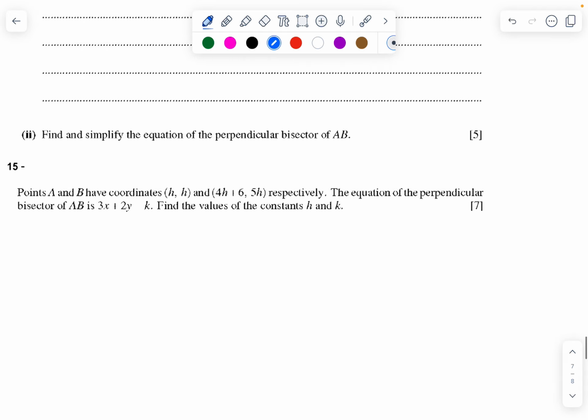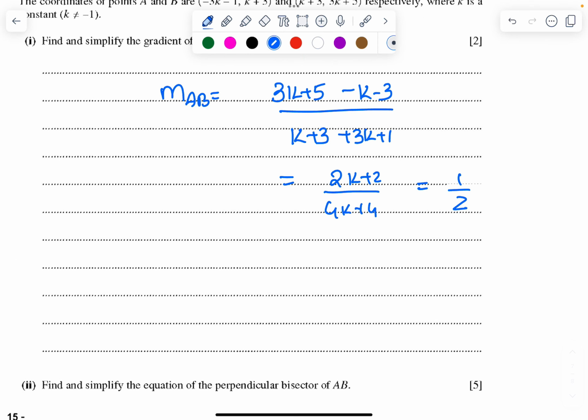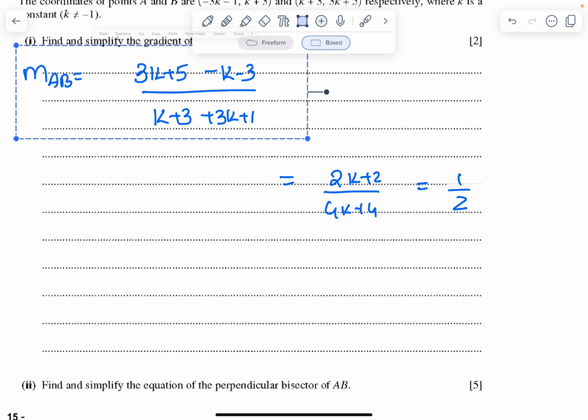Find and simplify the equation of the perpendicular bisector of AB. So I am going to find the midpoint of AB.